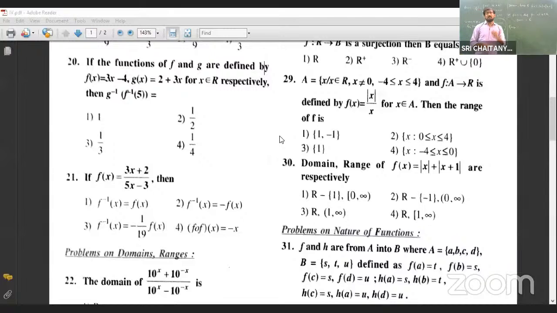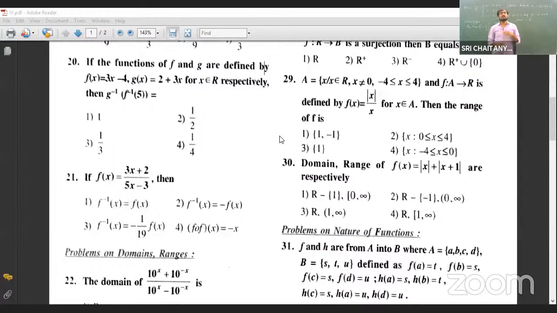Let me check one value by taking x equal to 0. If I substitute x equal to 0, the modulus of 0 is 0 plus |0 + 1| equals 1, so that is equal to 1.